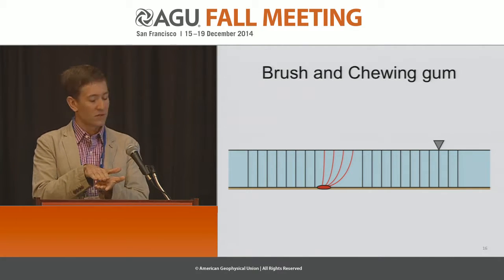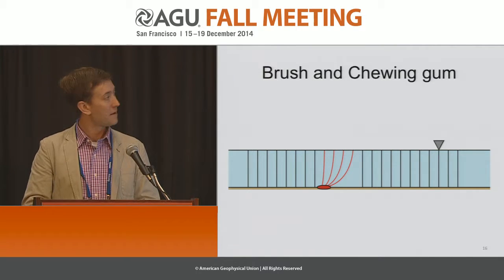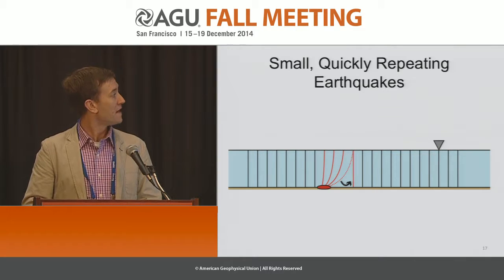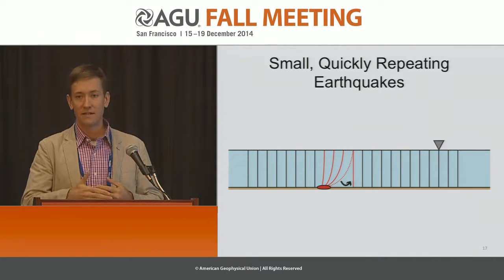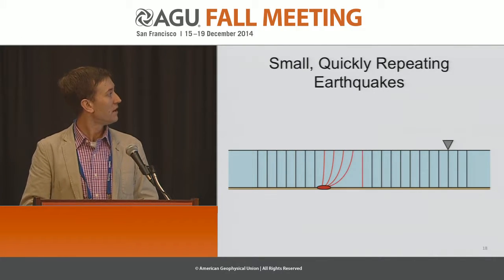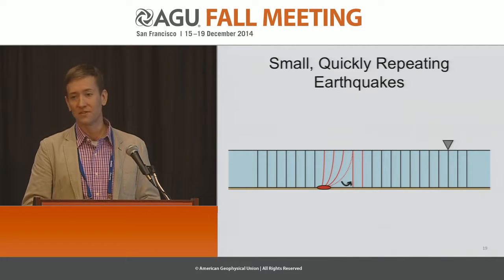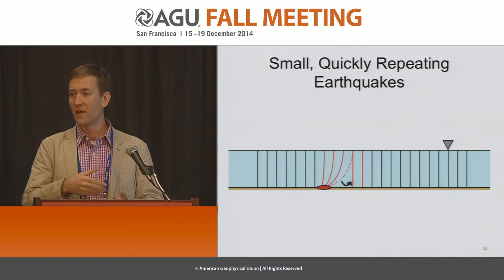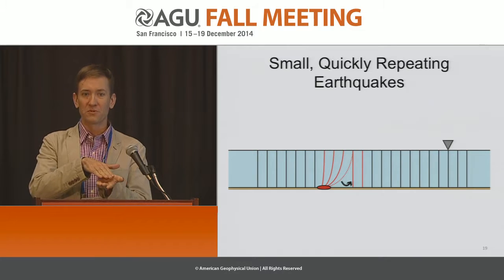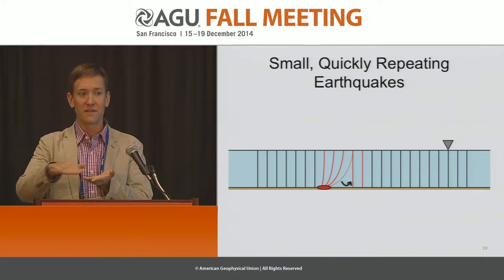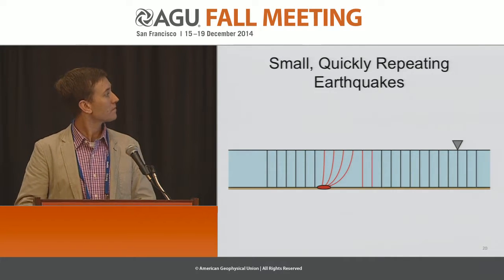And the bristles, as they advance forward, some of them get stuck in the gum, and then at every increment in time, when the glacier slides forward, some of them release, but then new ones get stuck. So I think about these earthquakes as this process of the bristles getting stuck and then releasing, stuck and then releasing, stuck and then releasing.